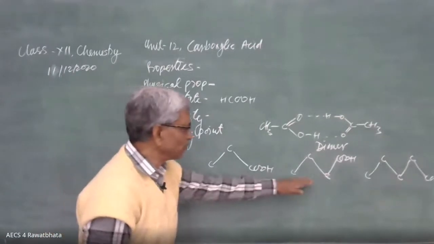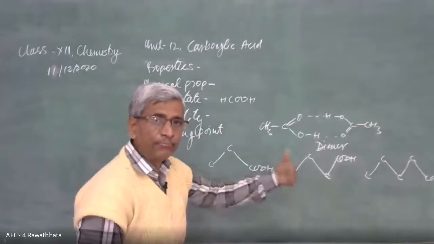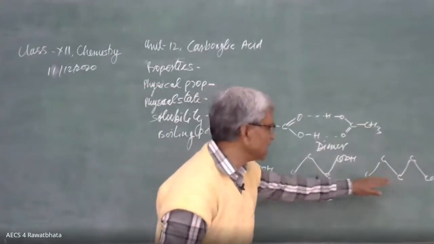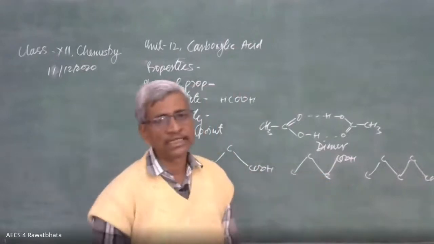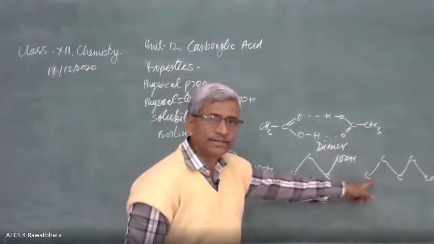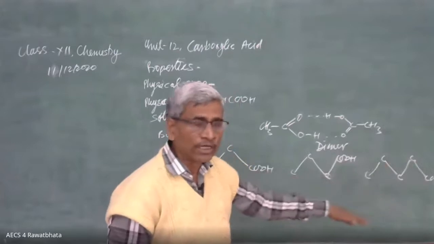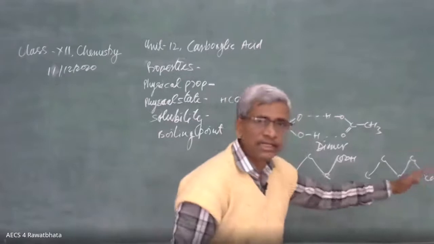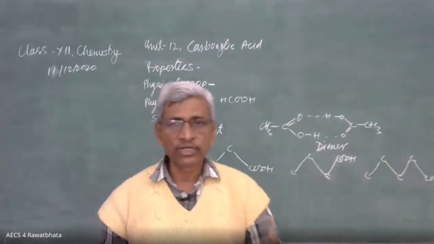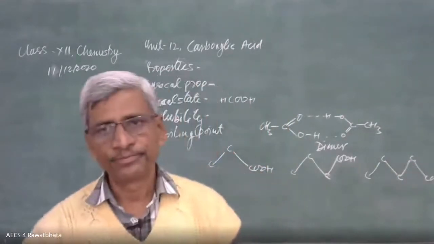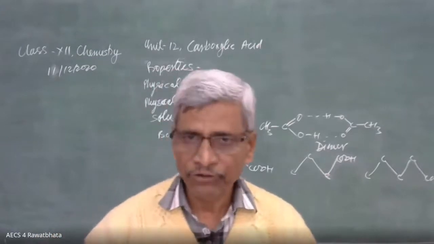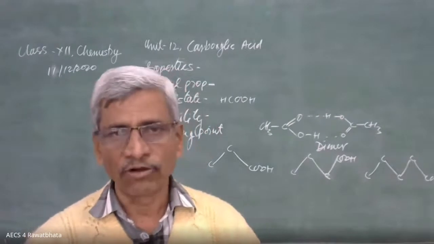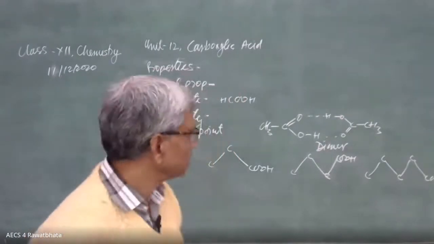The boiling point of this 5 carbon acid is slightly more, but its melting point is slightly lesser than the 4 carbon carboxylic acid, because the terminal carbons are on the same side and the crystal lattice is not that strong. So that is the difference in melting point. Melting point is not always in increasing order. That is because of the terminal carbon.